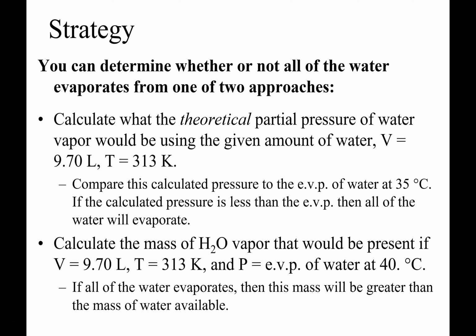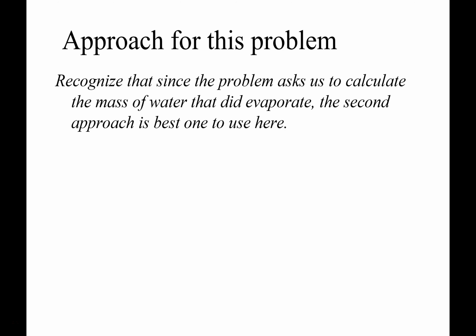After that, we can take the moles, n, and we're really close to getting grams. If our grams is less than 1.25, which it will be, the grams of water floating around in this vapor phase, then not all of the 1.25 will evaporate, so we know that there was some liquid left. So that's it. All right, so it looks like this.